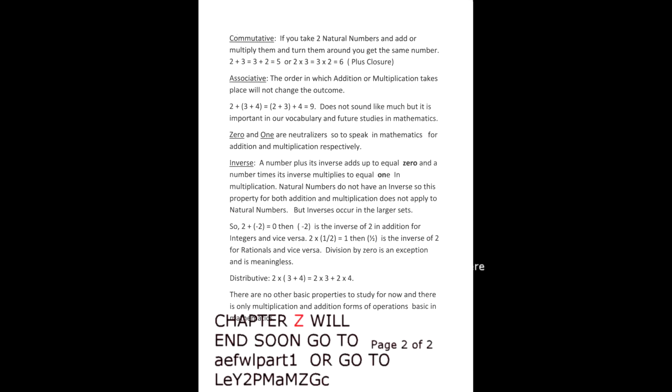There are no other basic properties to study for now, and there is only multiplication and addition forms of operations basic in mathematics. The explanation of the general properties of an algebra is summarized in this last page.